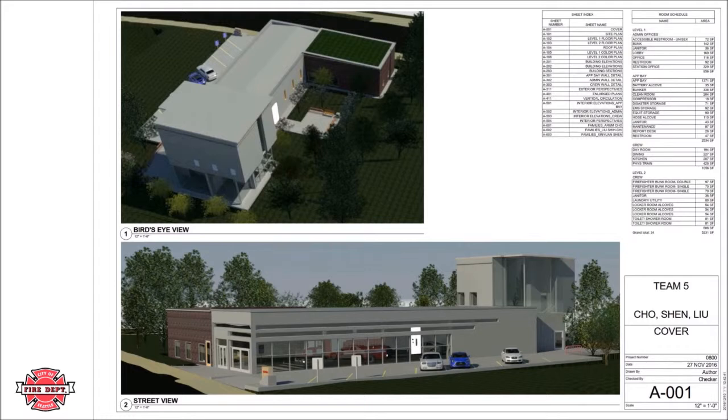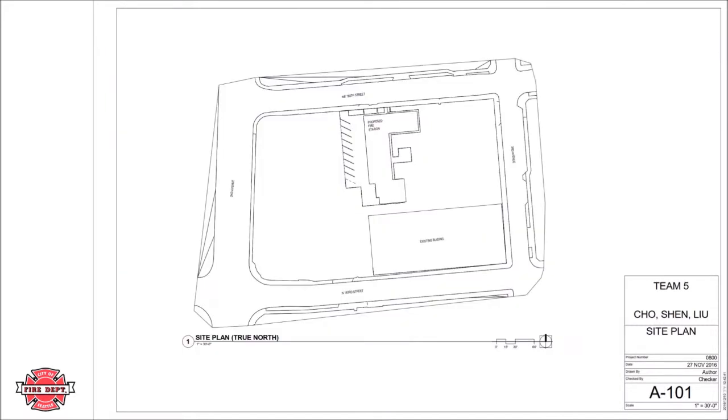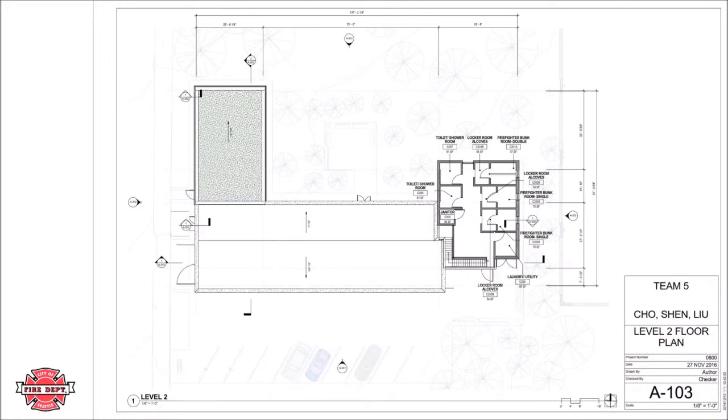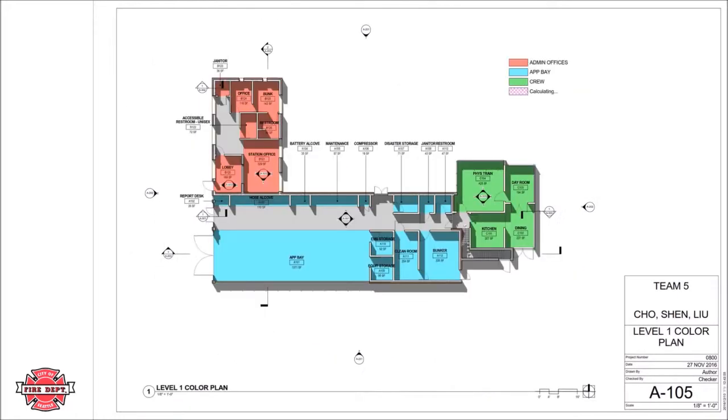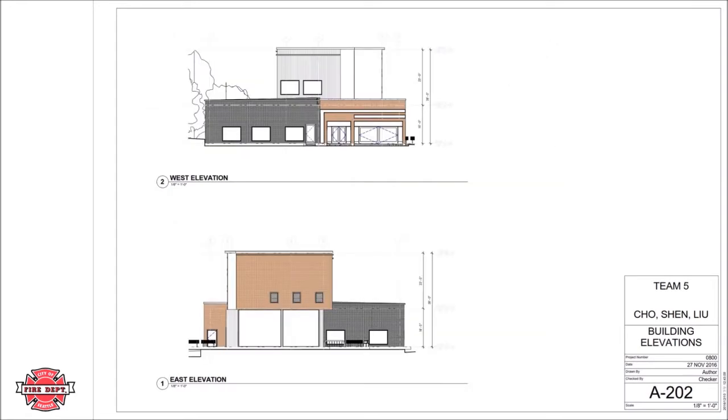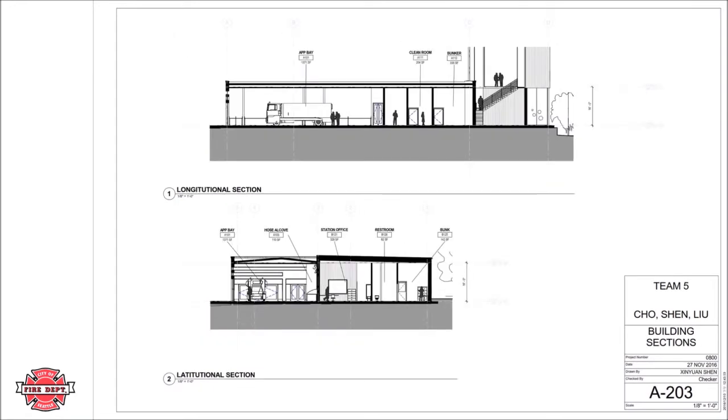We have completed all the architecture drawings within the Revit program, which includes site plans, level 1, 2, and roof plans. We have further done the color coding for the plans in order to show the 3 major programs in detail. And of course, the elevation as well as the section are drawn.